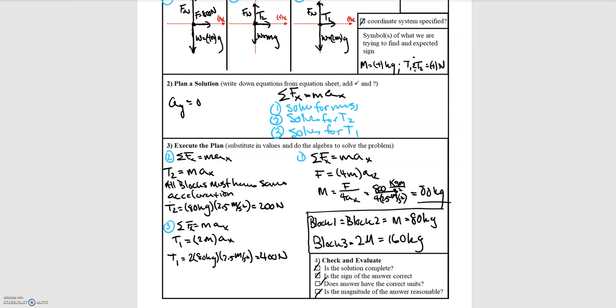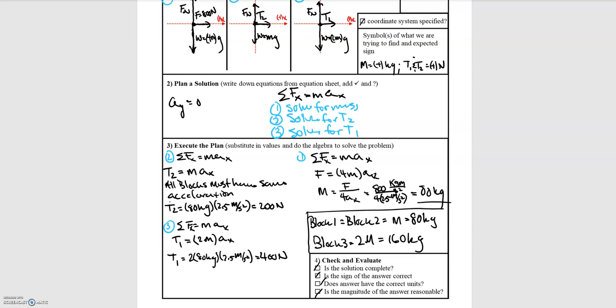So now that we solved for the masses of the blocks, we can now solve for the tension in the cables. Using the second free body diagram for the first block, we sum the forces in the x direction. There's only the tension force acting to the right, and that's T2. We know the mass now of that first block, which is 80 kilograms.